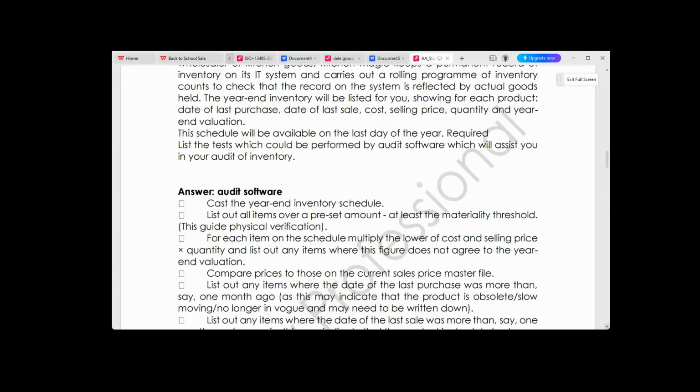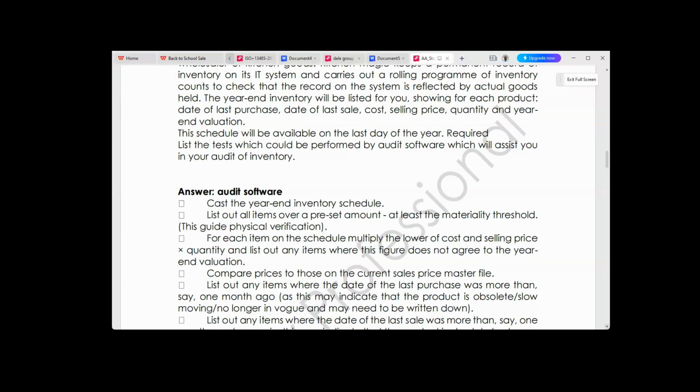Remember, you talked about materiality when you were talking about audit planning, and I said you set what we call overall materiality before you come back to performance materiality.